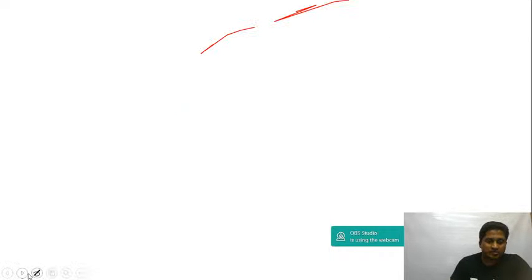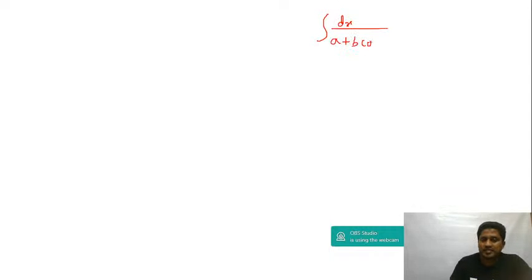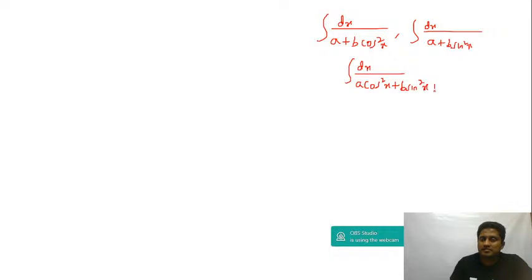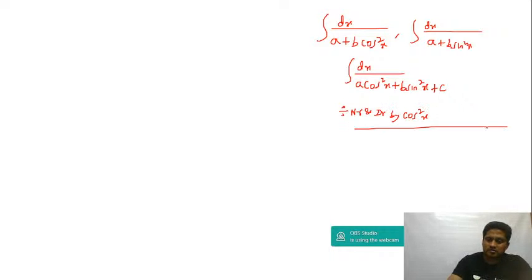Whenever you have integrals of the form dx divided by a plus b cos², whether it is CET, JEE Mains, Advanced, whatever it may be, or dx divided by a plus b sin², or dx divided by a cos² plus b sin² plus c, you should always divide numerator and denominator by cos² x.